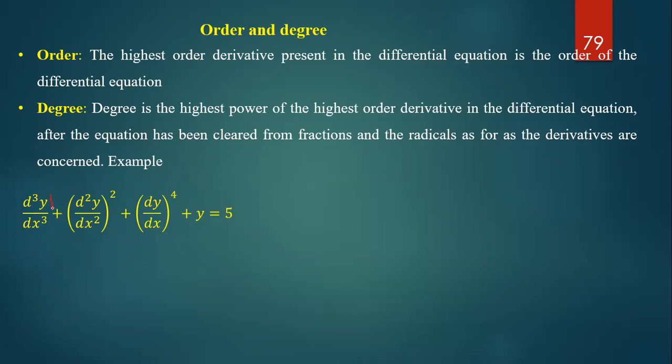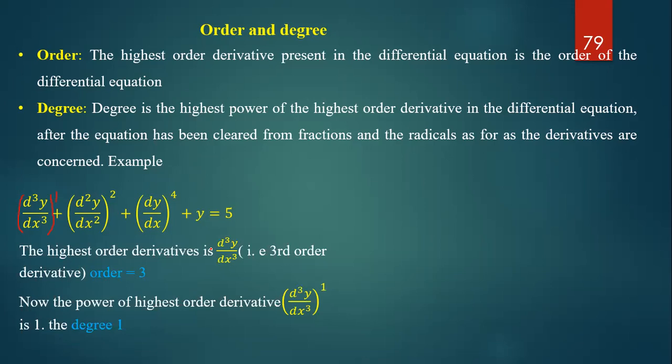If I do it like this, for this by default there is power 1, so the power is 1 and it is order 3. So it is a third order differential equation with power 1. The highest order derivative is this, order 3, and its power is 1.